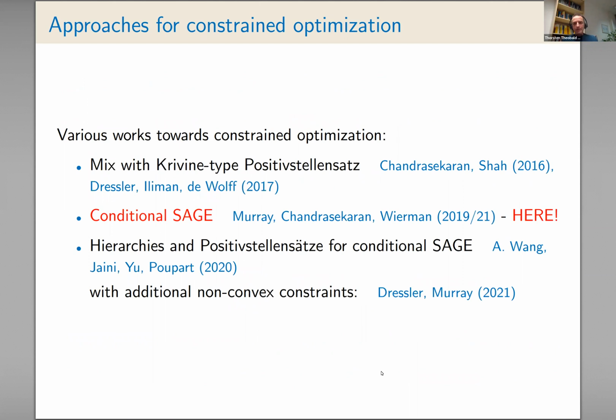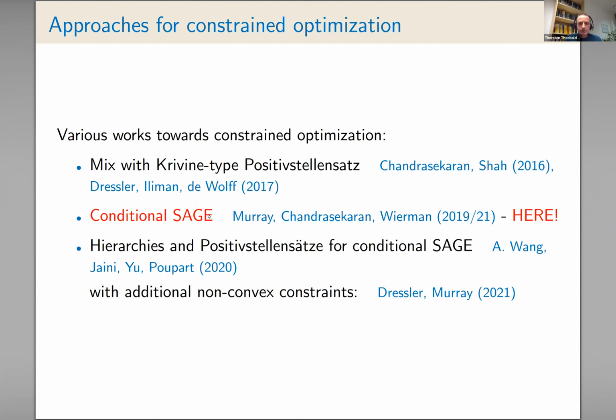Okay, in the last years, there were a lot of developments in this area. People have, in particular, also looked at constrained versions. So far, we were just looking at the unconstrained versions. And in the early days, people were trying to look at mixes with rather costly Positivstellensätze. Then, and this will be very important for the second part of the talk, there was a very exciting approach, I think, by Murray, Chandrasekaran, and Wierman.